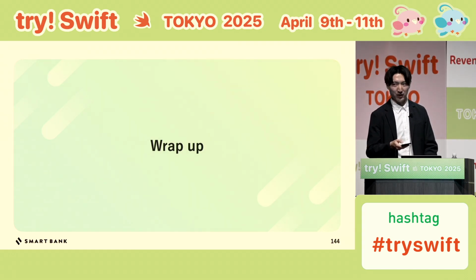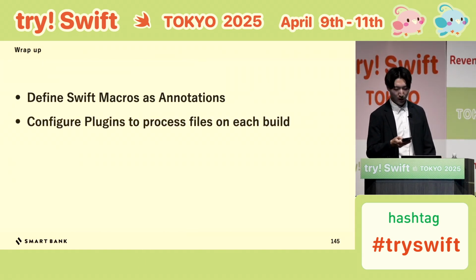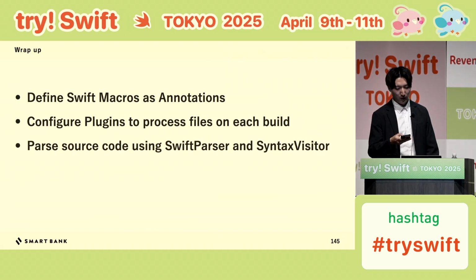To recap our journey, we define our Swift macros as annotations so the compiler knows where to expand logic. We set up a build tool plugin ensuring our code generation runs automatically at every build. We parse the .swift files with SwiftParser, then walk the syntax tree using SyntaxVisitor to find annotations.